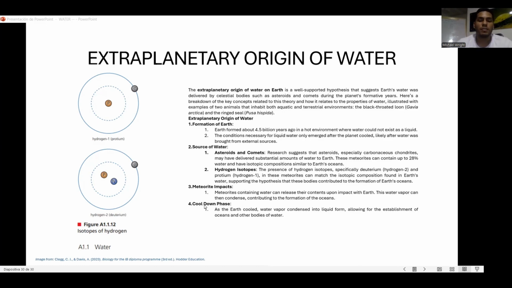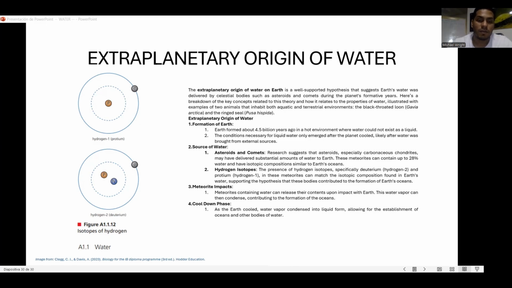Also, we have the meteorite impact. So the asteroid impact contained water molecules, right? And upon the meteorite impact, the water molecules were released after scratching against the Earth, right?